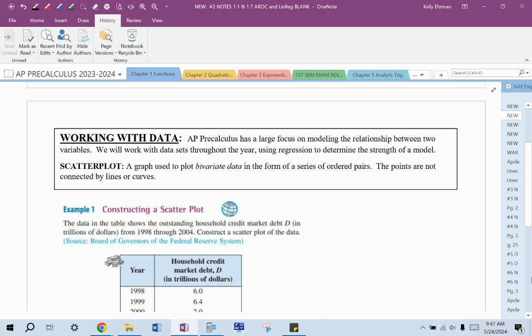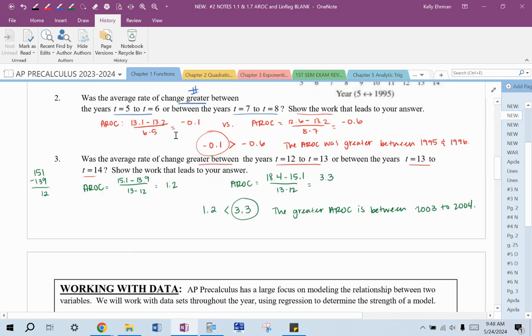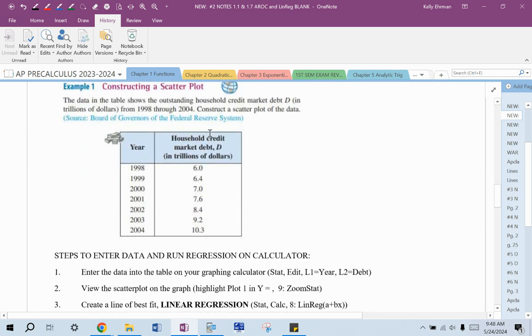So we're going to be working with data sets throughout the year and using different types of regression on our calculators to figure out the best model. So a scatter plot is used to plot bivariate data. That's just a fancy way to say two variables, right? X and Y. The points are not usually connected by lines like they were in this last example.